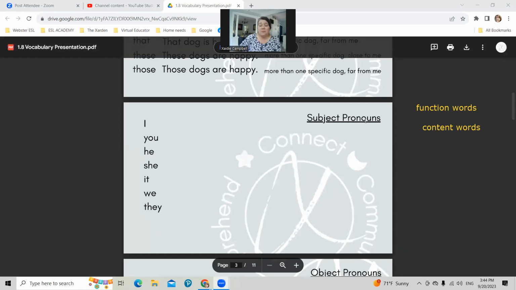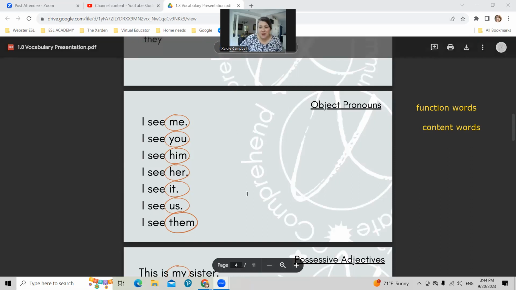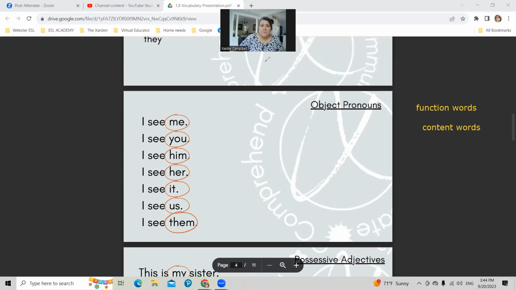So we have subject pronouns, and then we have object pronouns. Okay. So subject pronoun is the subject of the sentence. Let me write a sentence for you. So here is a simple sentence.